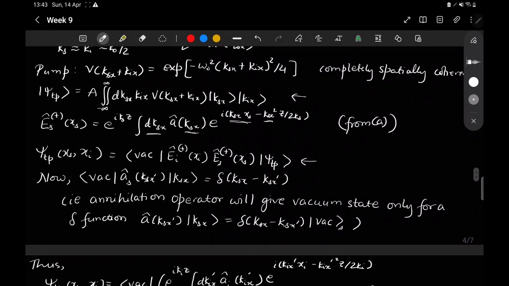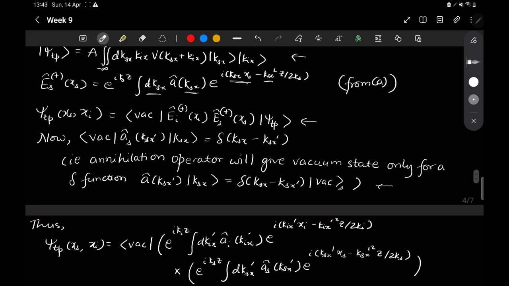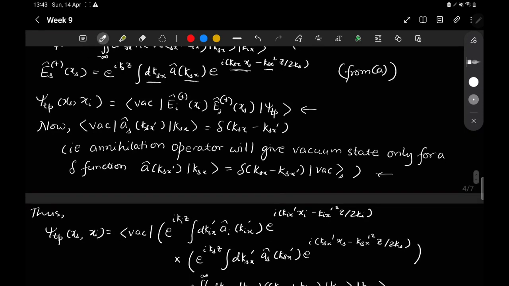And we know the operation of the annihilation operator. This is the action of the annihilation operator. It gives you a delta function and the vacuum state. This delta function is 1 if ksx prime and ksx are the same. If not, it is 0.